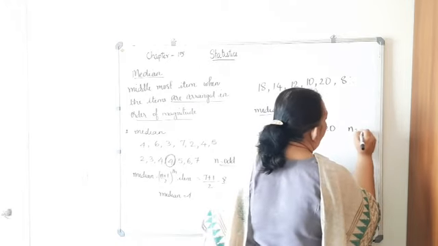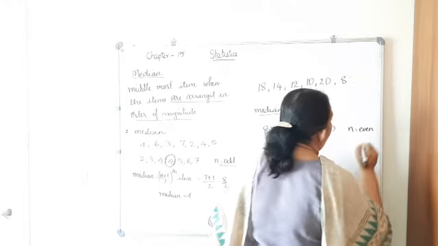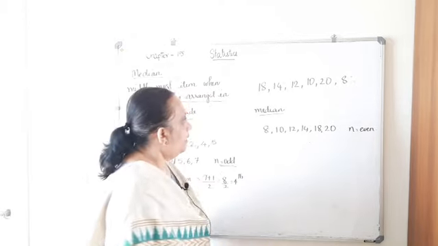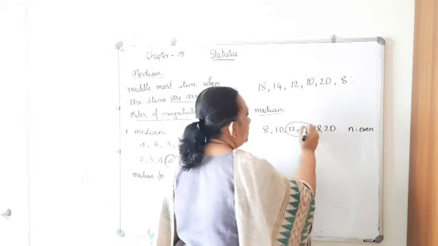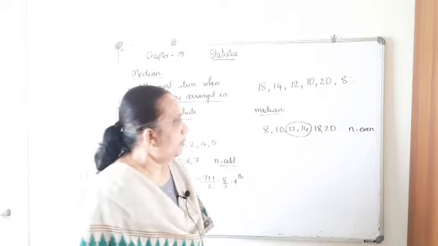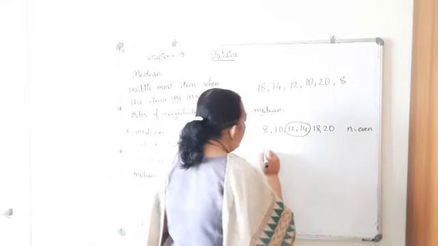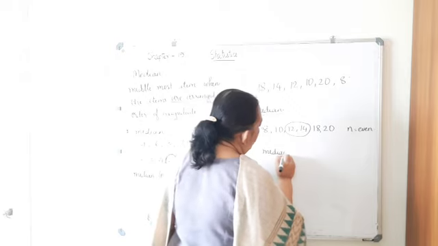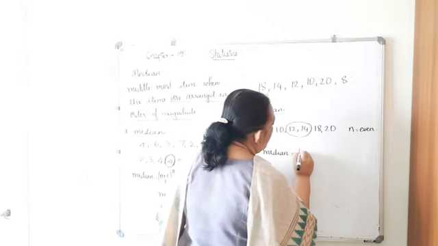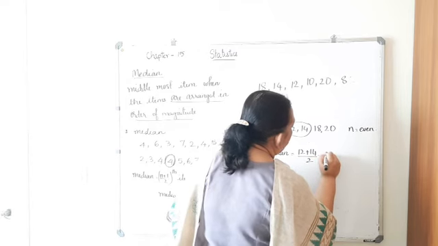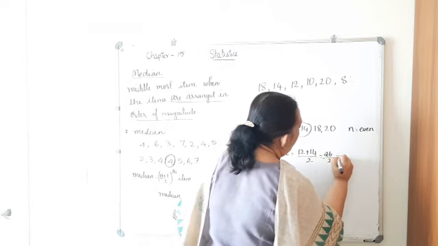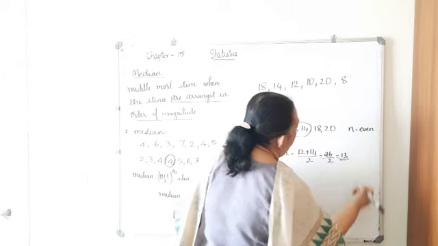N is even. In that case, median will be the average of the middle two. Median is equal to 12 plus 14 divided by 2, that is 26 by 2, which is equal to 13.